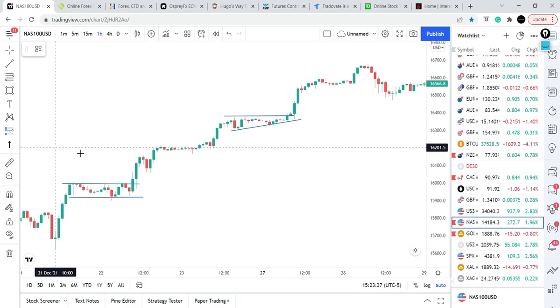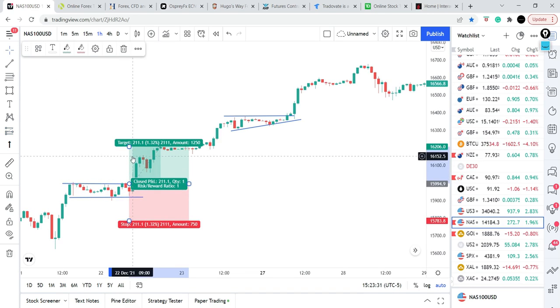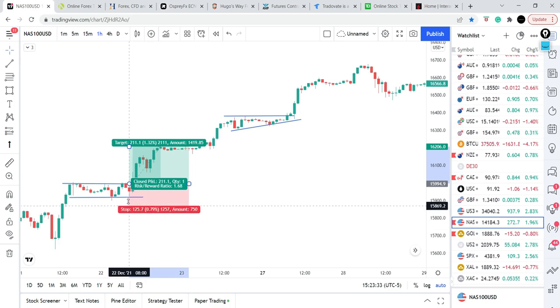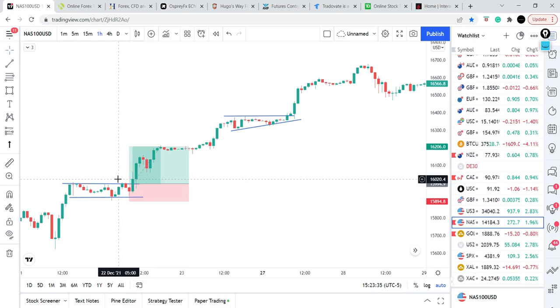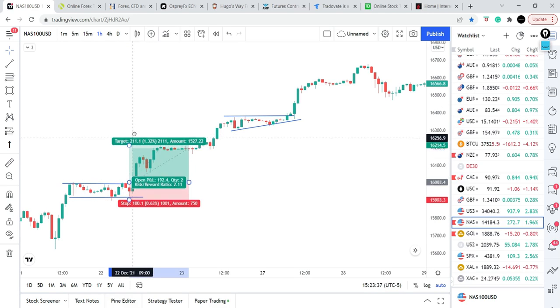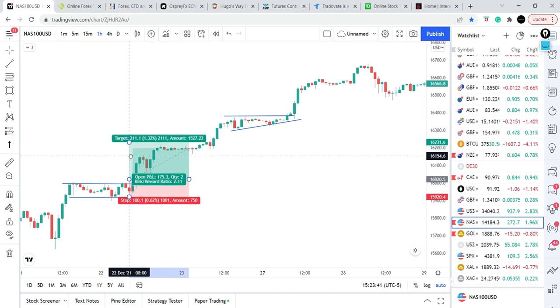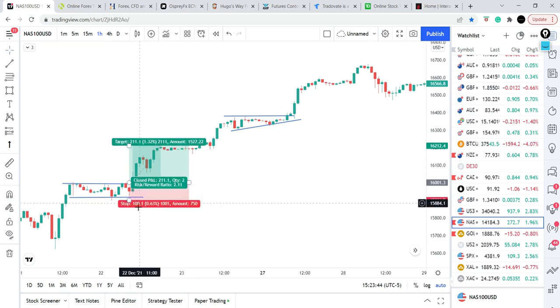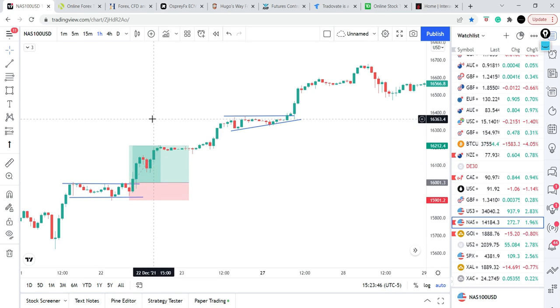I like to put my stop loss below the pattern, okay. So we're going to get in as soon as price breaks that top. I put my stop loss below the pattern. Again, I'm going to show you guys how to do this later on, but I'm just showing you guys real quick, okay? And I look for my profits. So it would be something like this, okay? Get in as soon as it breaks the high and look for my profits.